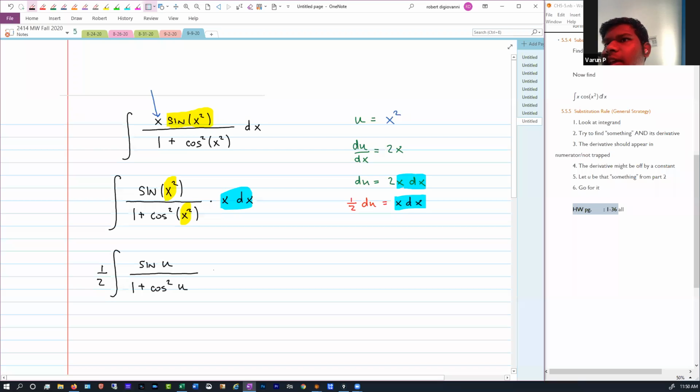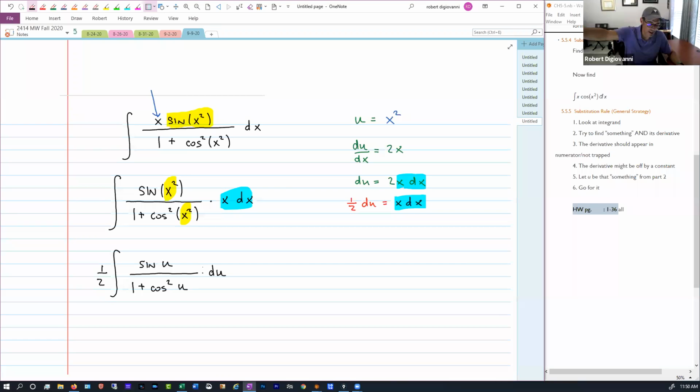Yep. And then outside that fraction, it'd just be du. Perfect. Okay. So do you agree, Varun, that we have made some headway here? Yes. But you look at that right now, and you probably go, I don't know how to find the antiderivative of that, though, right? Yes. It's not something real simple.